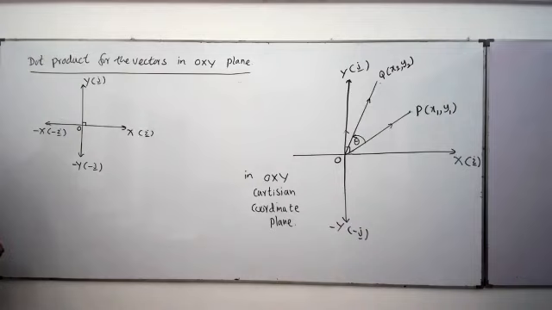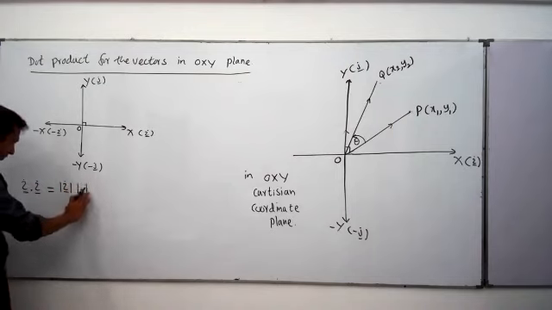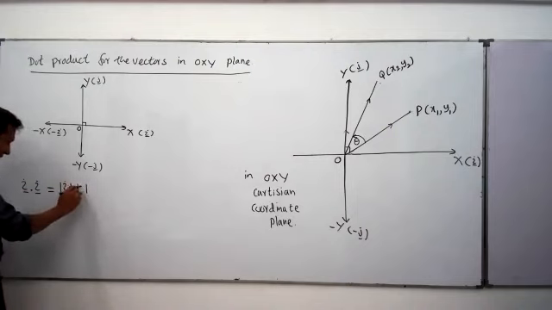After drawing this, we'll first write i vector dot i vector. How do we define this? It is the modulus of i times the modulus of i into cos of the angle between them.